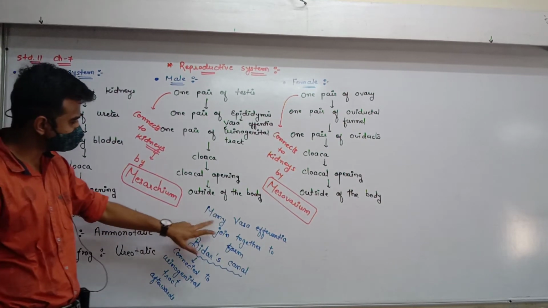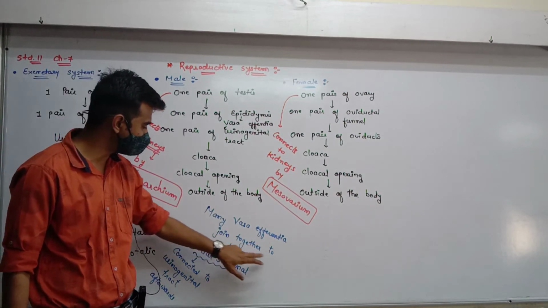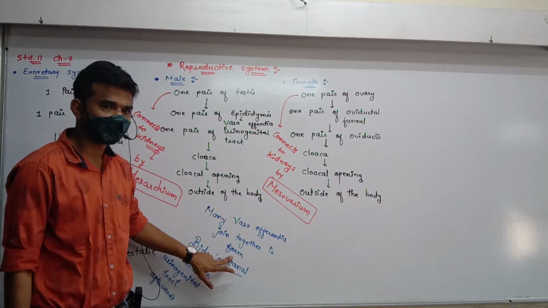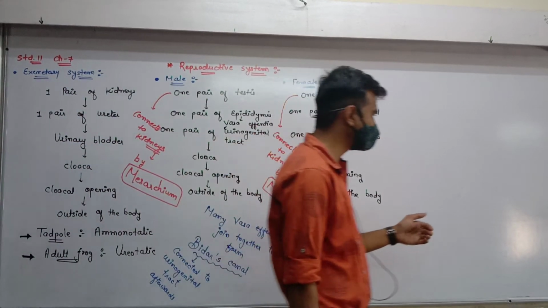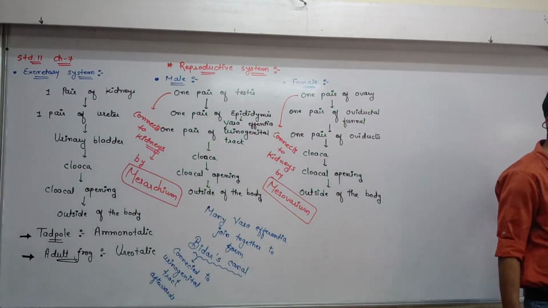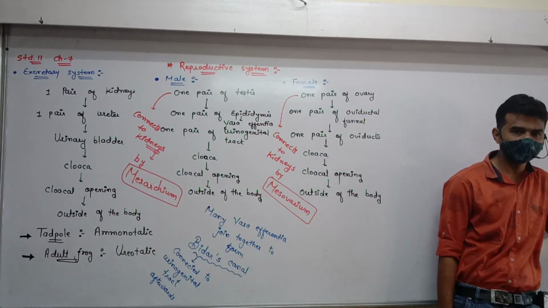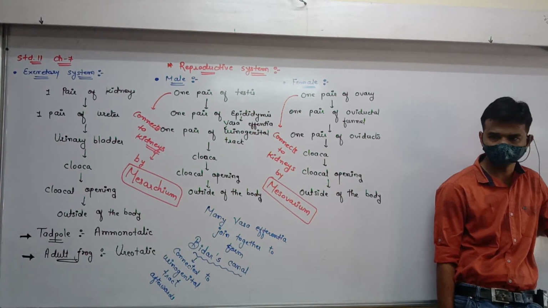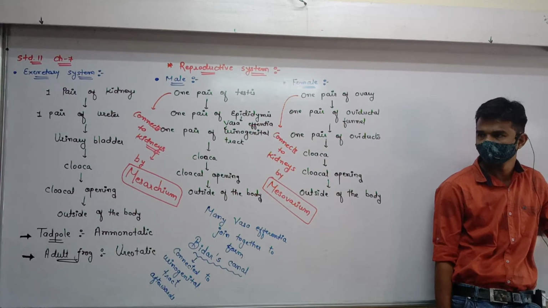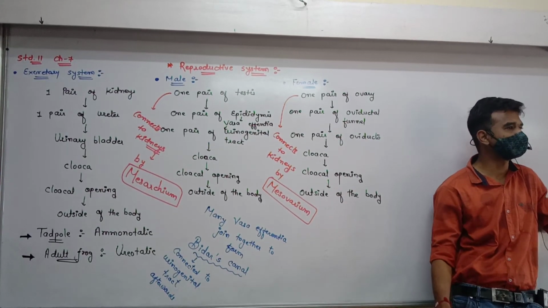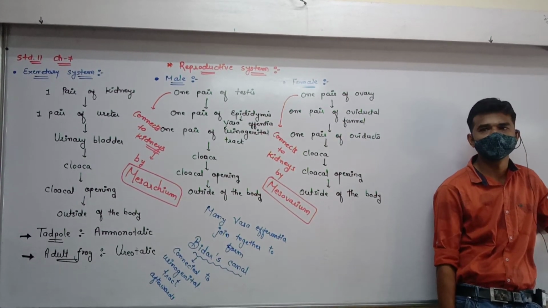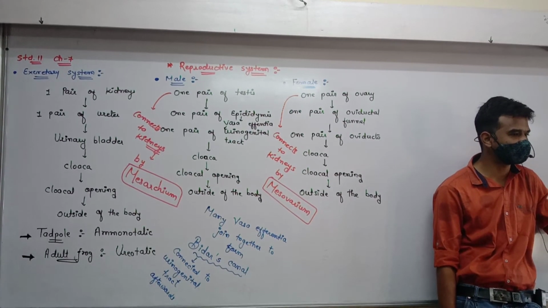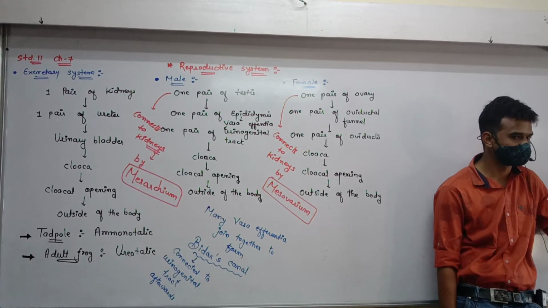From this Bidder's canal, it comes out and is connected to the ureter and continued with the urinogenital tract. So in the male frog, mesorchium and Bidder's canal, these two points are very, very important.